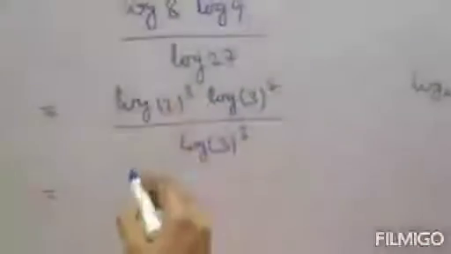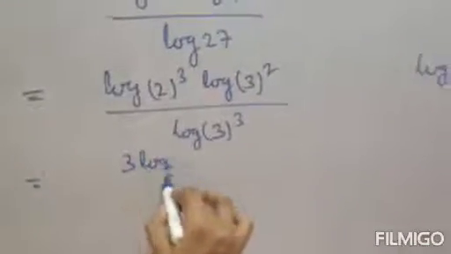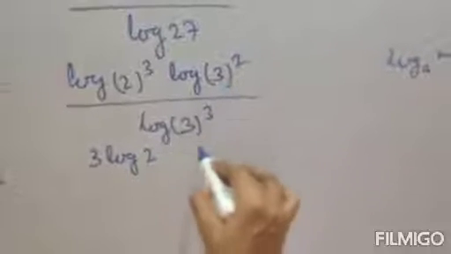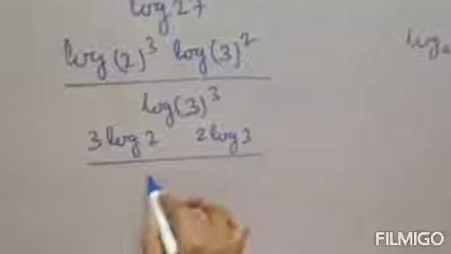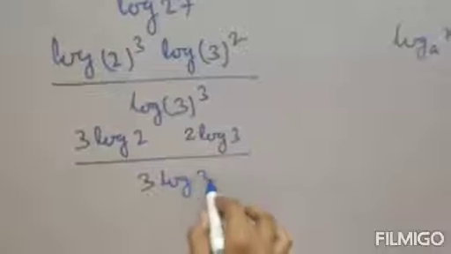What was the power law? Log a base m into the power n is n log a base m. That is, the power is multiplied with the log term. Here also we do the same using the formula. The power is 3, so it is multiplied with the log term: 3 log 2, 2 log 3, and 3 log 3.